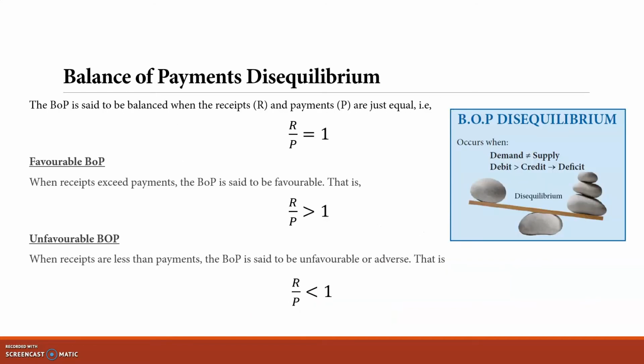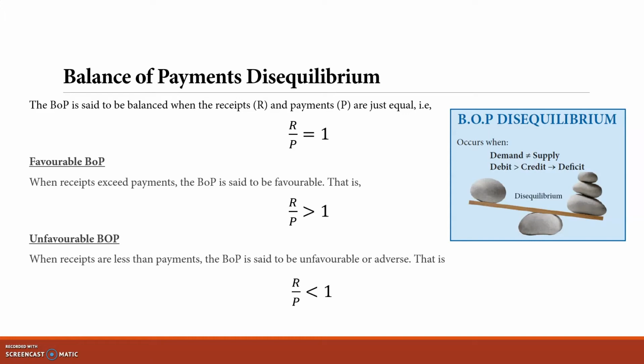So we will see how the disequilibrium in the balance of payments occurs. The balance of payments is said to be balanced when the receipts, which we call R, and payments, P, are just equal.